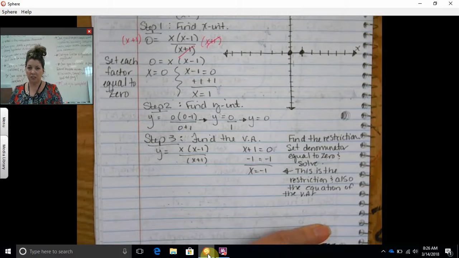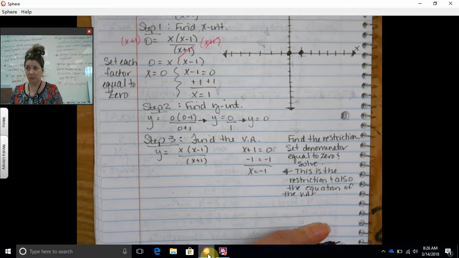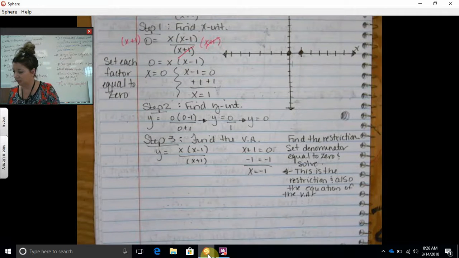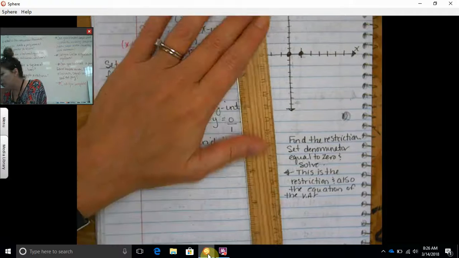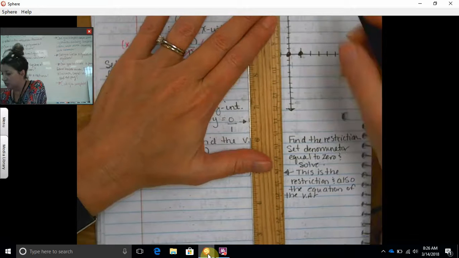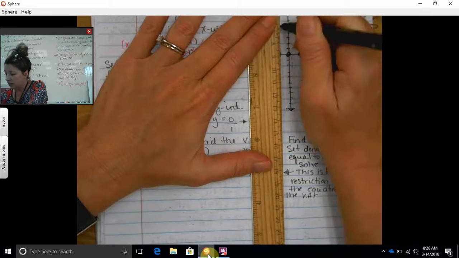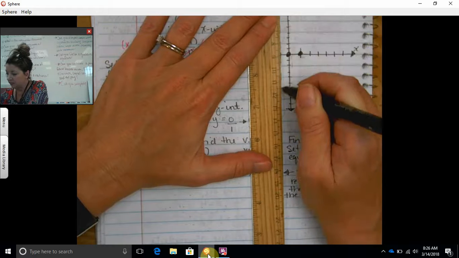So I said find the restriction, set denominator equal to 0 and solve. This is the restriction and also the equation of the vertical asymptote. Numerator, you don't set anything in the numerator equal to 0 when you're finding the restriction, just the denominator. So I will go ahead and sketch the vertical asymptote at x equals -1.